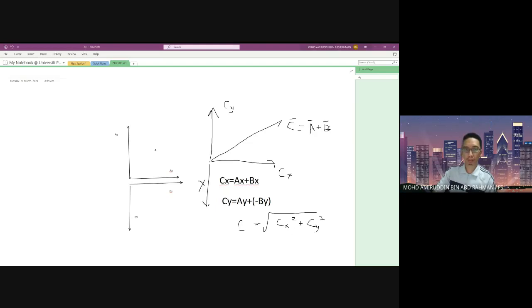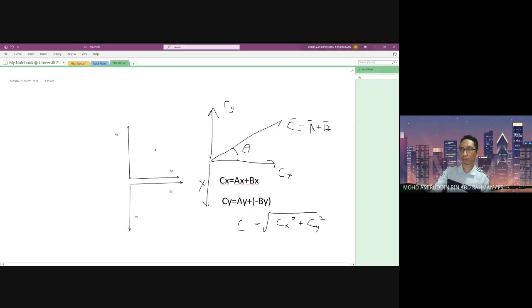Then you need to find out what the angle of C is, because C is making an angle. You are asked about the magnitude and also the direction of C. You already obtained the magnitude of C, which is 2.5.